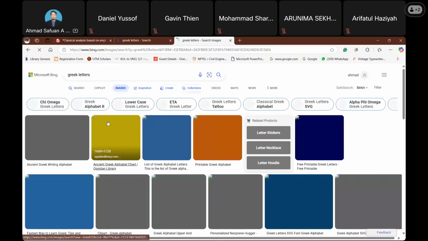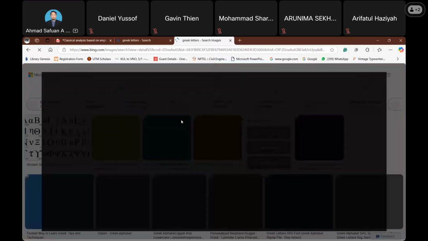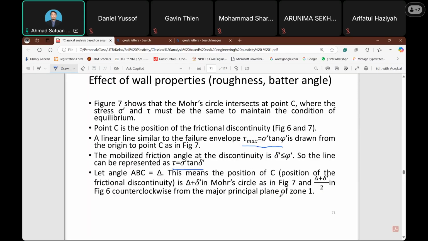This means that the position of C, the position of the frictional discontinuity, is delta plus delta as in figure 7, and delta plus delta over 2 in figure 6, counterclockwise from the major principal plane of zone 1.